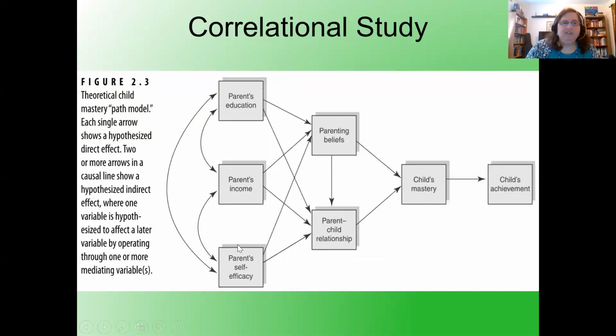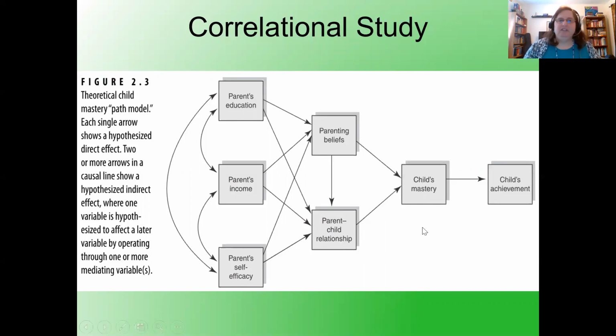We have parents' self-efficacy, or their belief in their ability to do something. And that has a direct effect on the parent-child relationship, but an indirect effect on child's mastery, because it goes through the parent-child relationship to get to mastery.